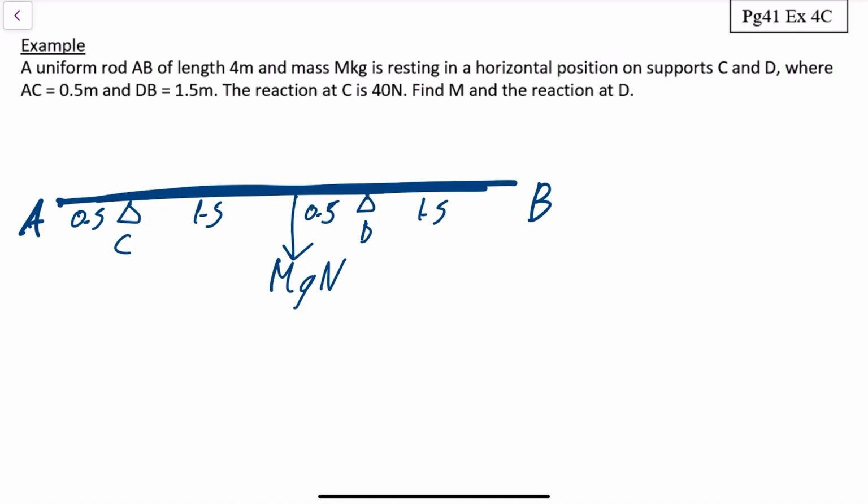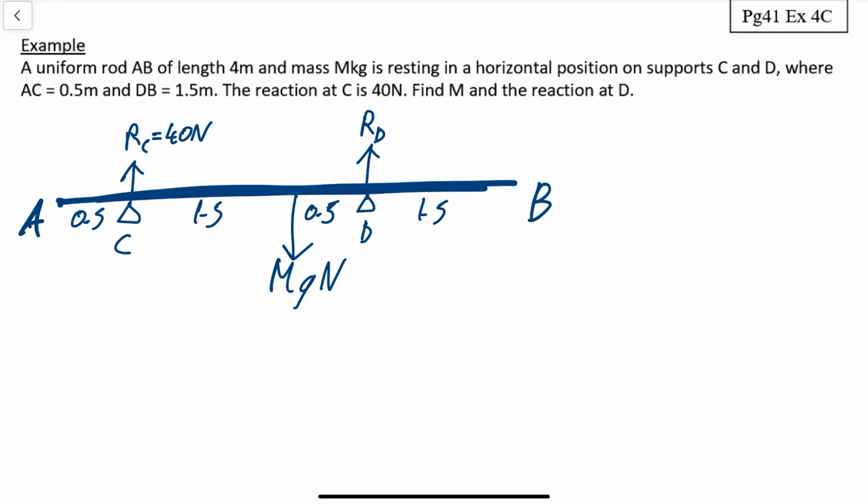And I'm going to call that reaction at C and reaction at D. Find m and the reaction at D. It tells me, sorry, the reaction at C is 40. So we'll just say this one is 40 newtons. So we know this one, happy days.